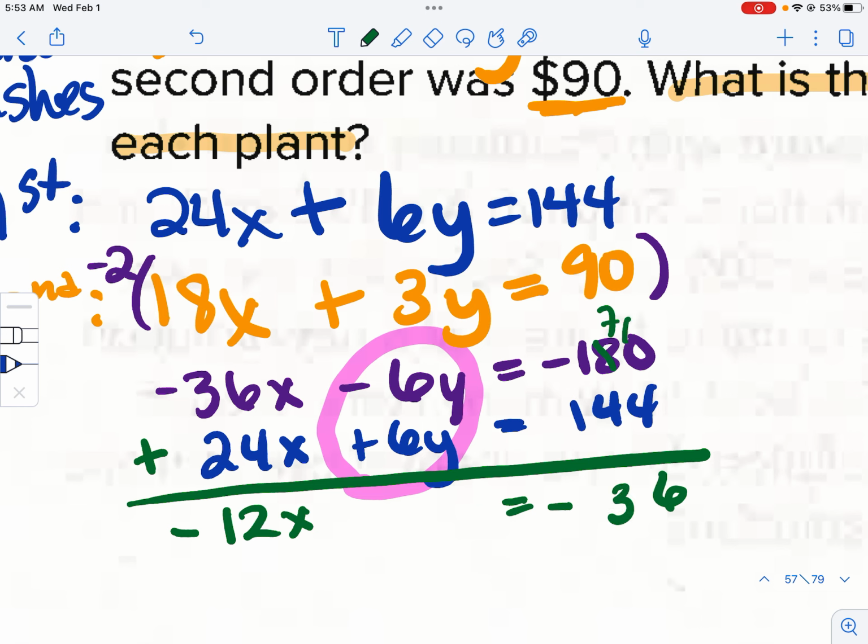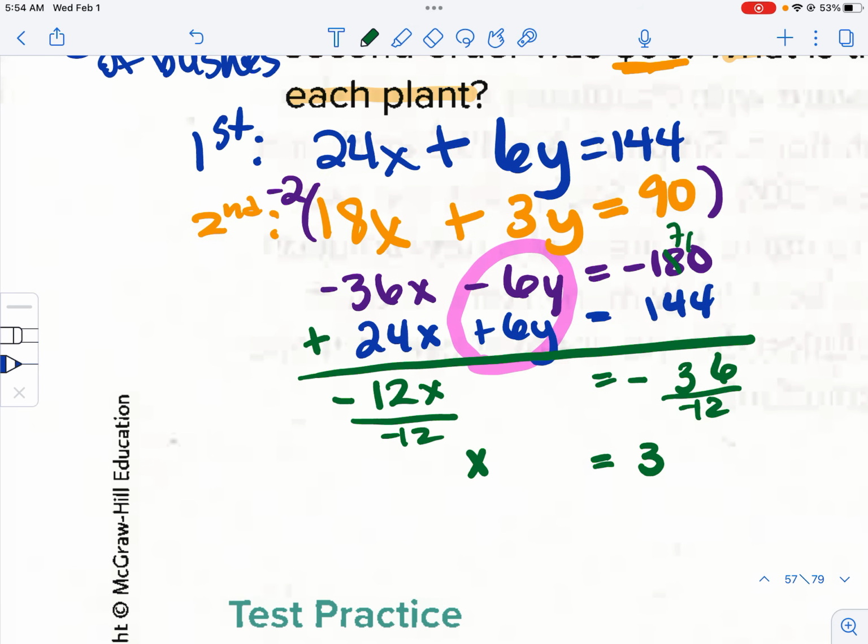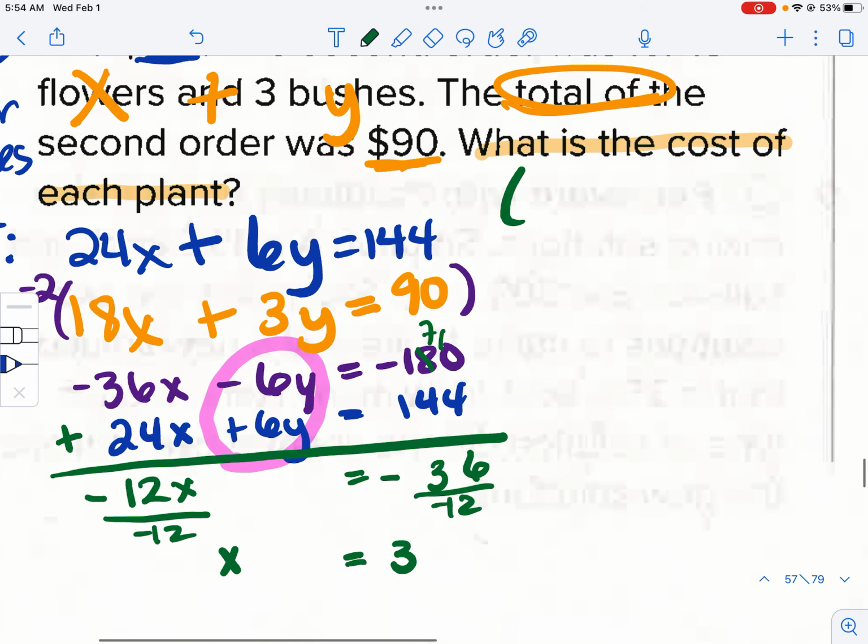And that's going to be 36. So I'm going to divide both sides by -12. Remember your negatives, boys and girls. Don't let them just go away. So that becomes -3. Okay, so I'll just write it over here. x equals -3.